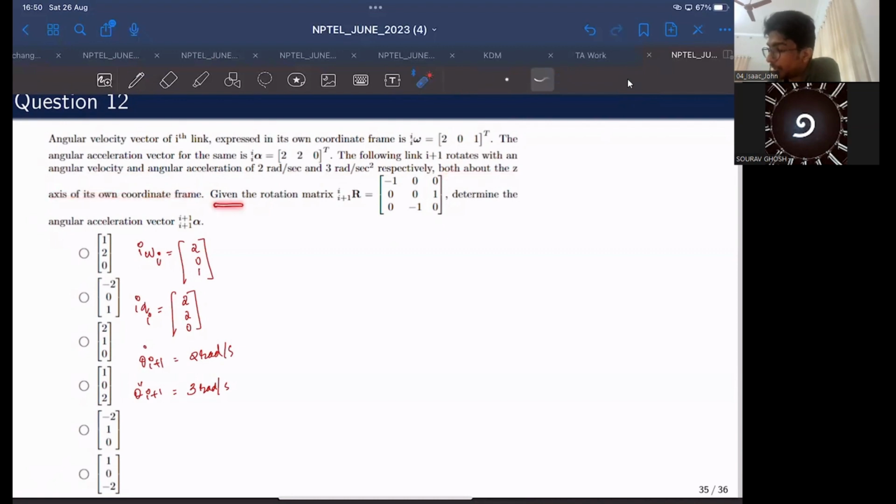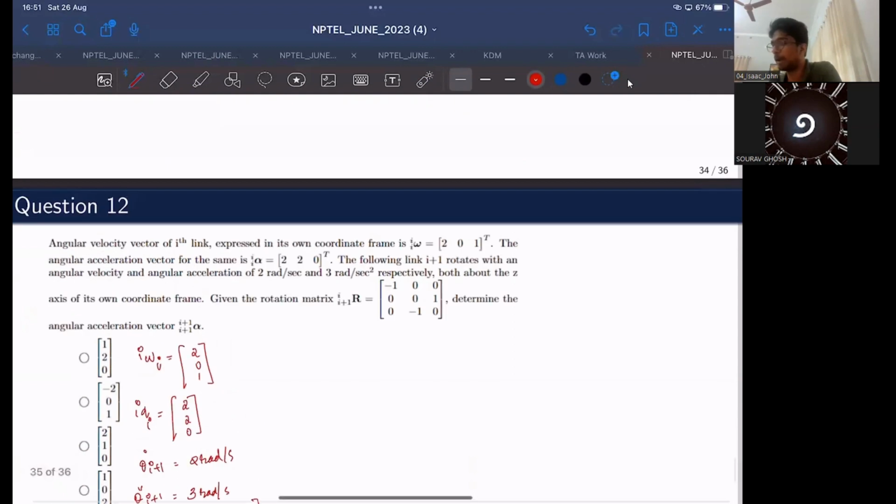And we have also been given the rotation matrix I R I plus 1 to be minus 1, 0, 0; 0, 0, 1; 0, minus 1, 0. So determine the angular acceleration of the new link, alpha I plus 1.